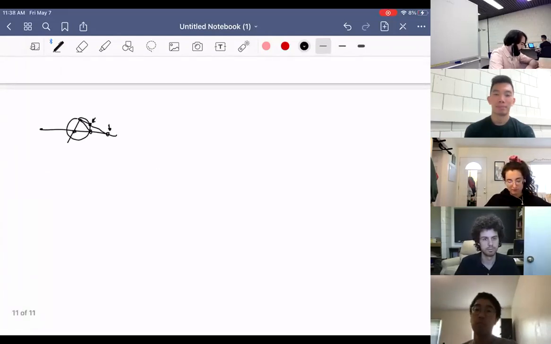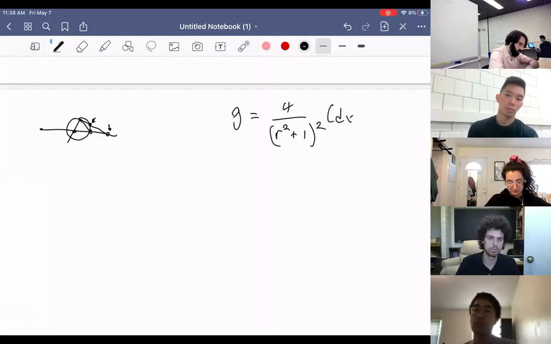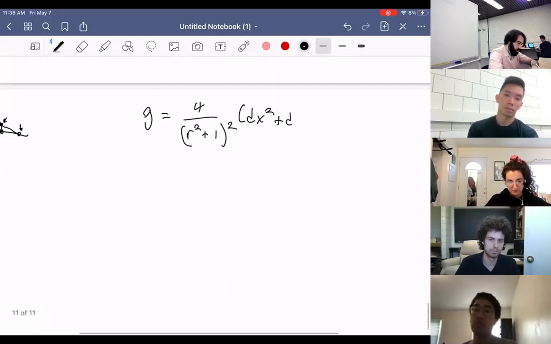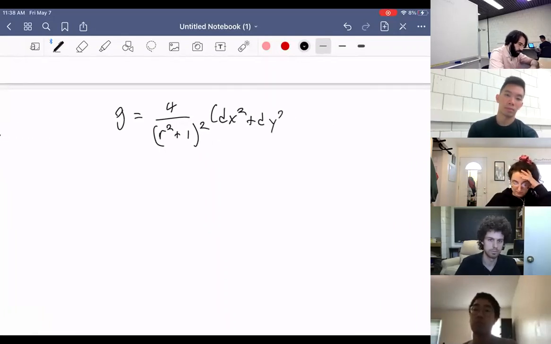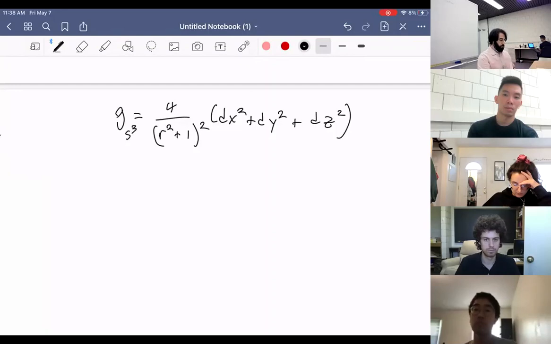We don't really need to know about the metric for the round 3 sphere on R3, but if you really want, it looks, I believe, like this. So it's clearly spherically symmetric.